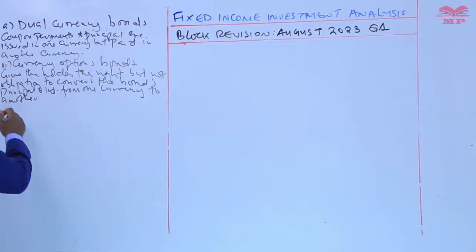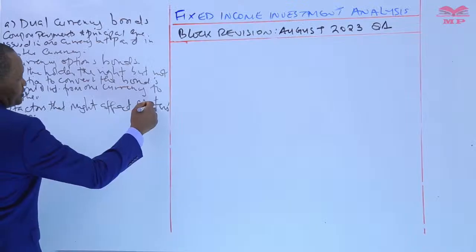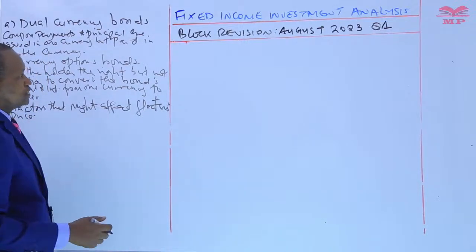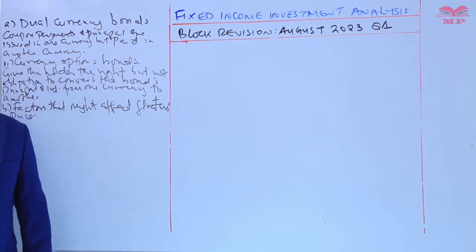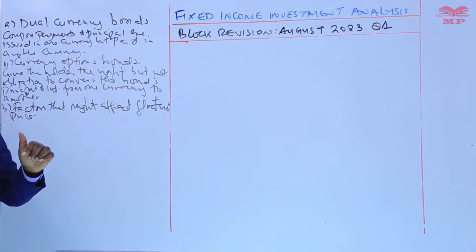Then part B, describe 3 factors that might affect floater's price. Now, floaters are also known as floating rate bonds. These are bonds whose interest rates are not fixed but adjust periodically according to the specified benchmark interest rates, such as the LIBOR or government bond yield.